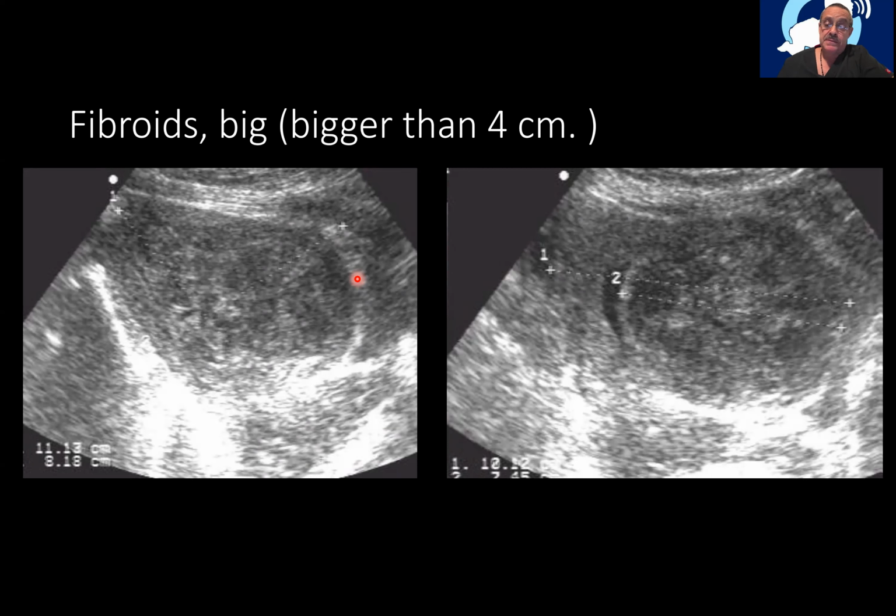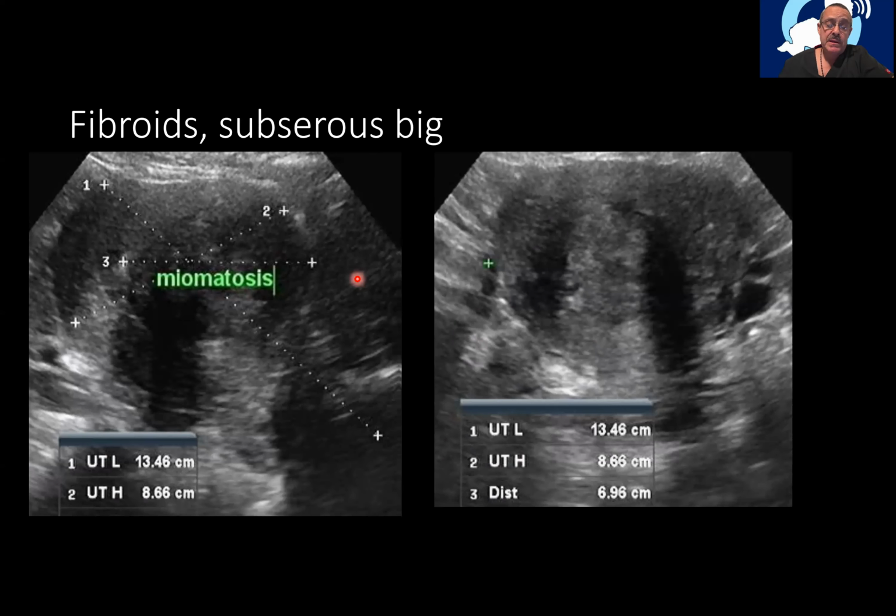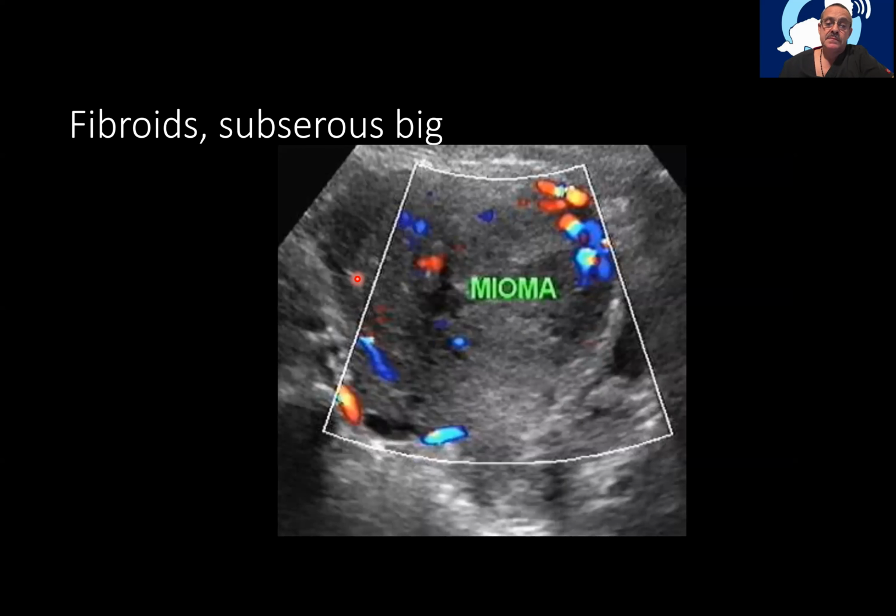That's 8 something, 7.5. Big subserous, which means behind the outer layer of the uterus. Big subserous fibroids, you see the uterine shape changes.